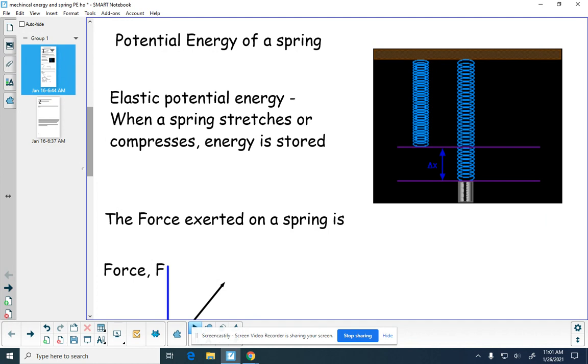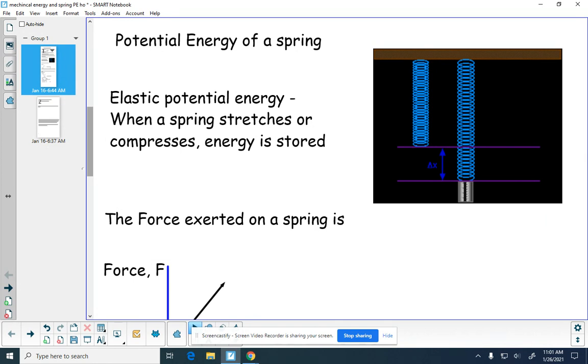Because think about what we've talked about: work is being done. We are taking a force and exerting it on a spring, so work is being done.